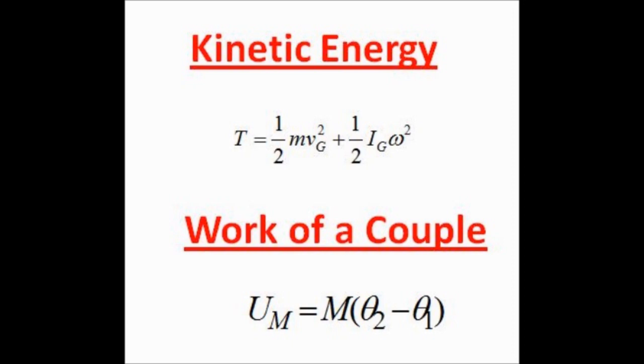The second main difference between a particle and a rigid body is work of a couple. It is impossible for a particle to have a couple. Hence, the work of a couple for a particle is always zero.